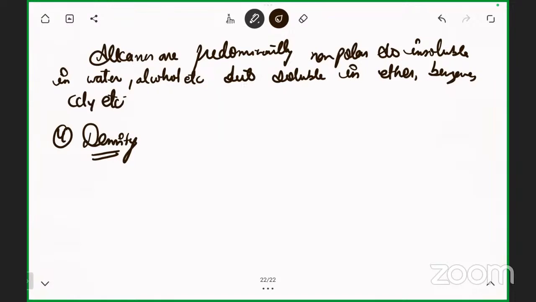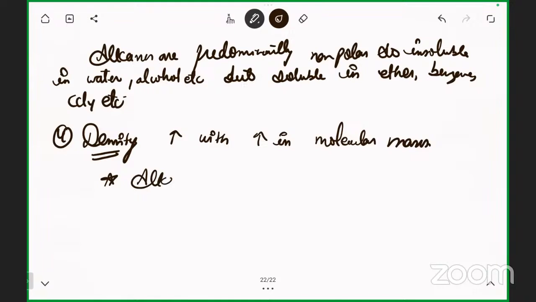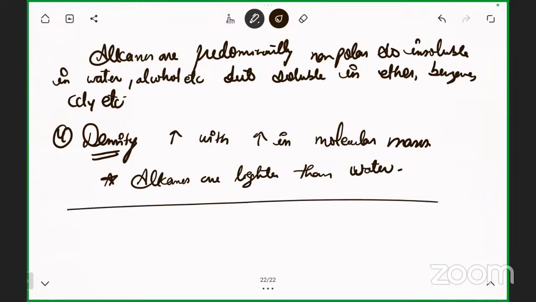It means density increases with increase in molecular masses. Although, alkanes are lighter than water. Clear?